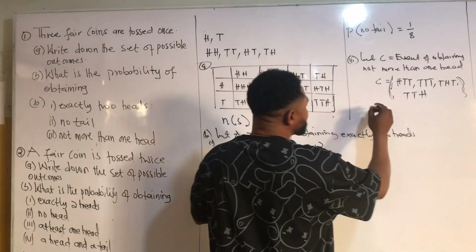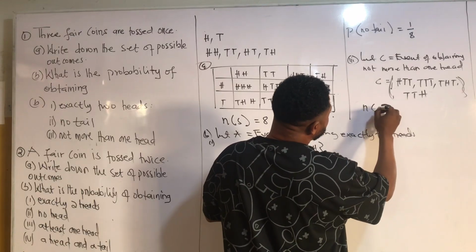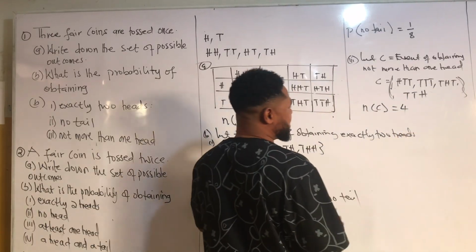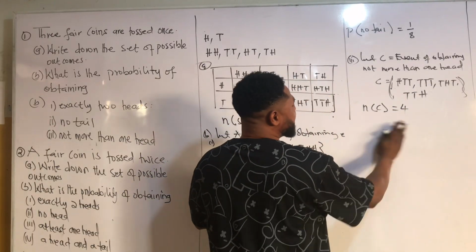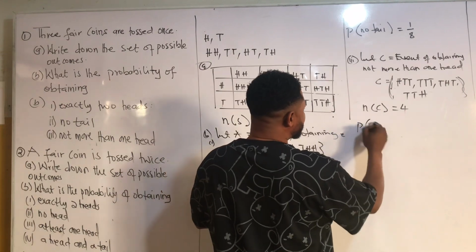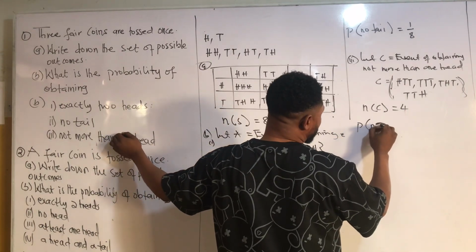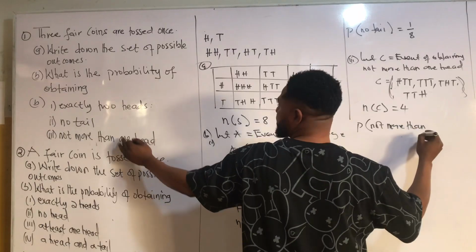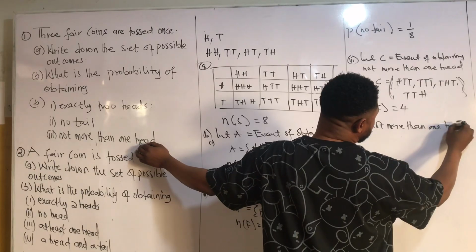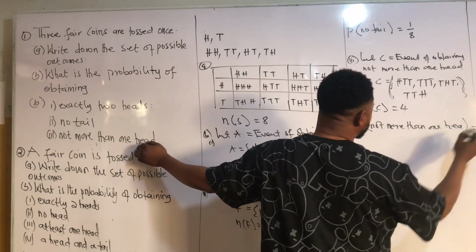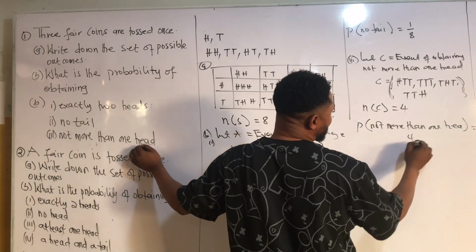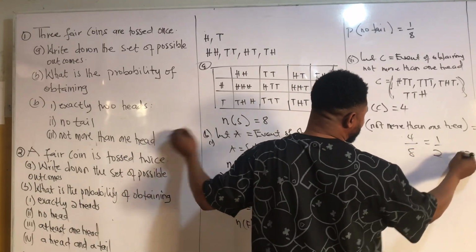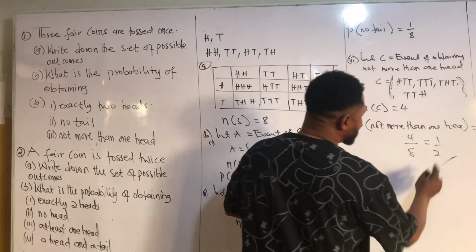The number of this will give us 1, 2, 3, 4. So 4. So the probability of not more than one head will be equal to 4 over 8, which will give us 1 over 2.